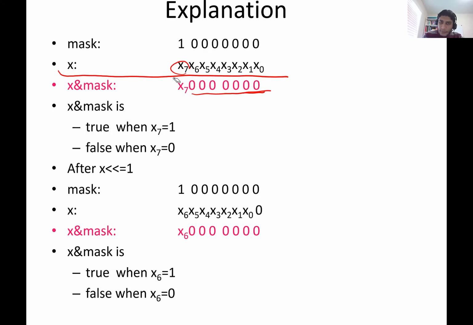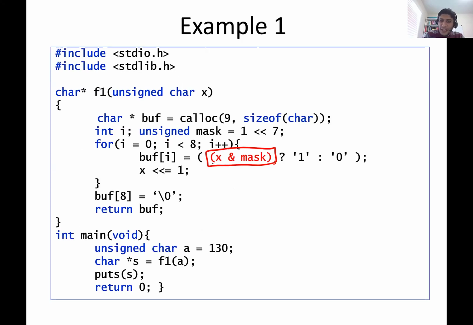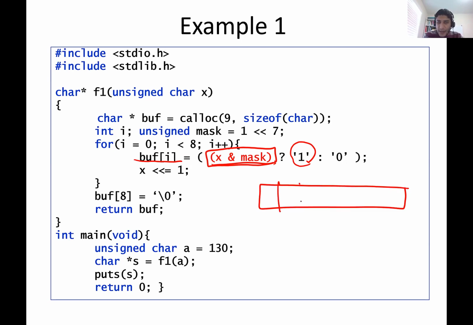And then the remaining part of the line is saying if the value is true, you assign 1 into the corresponding position in the buff. So this buff is the array that has positions 0, 1, 2, 3, 4, 5, 6, 7, 8, 9.